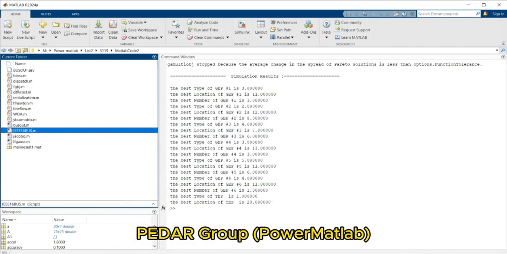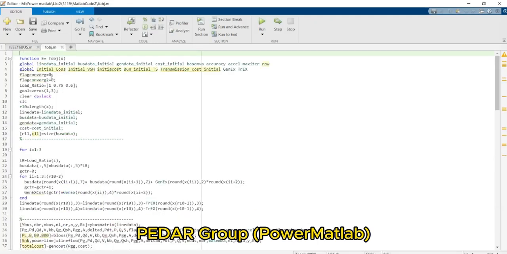As you can see here, if you open it, you can see the different types of load ratio for dynamic load. So you should define the best scenario of transmission and generation expansion planning for different levels of the load, for load ratio coefficient factors of the load: 1, 0.75 and 0.6 as the different load ratios considered in this simulation here.